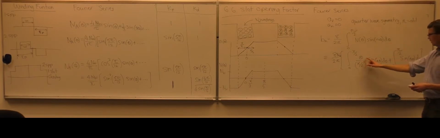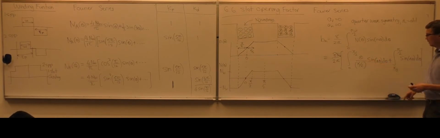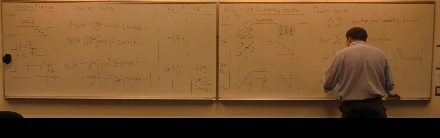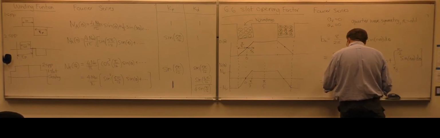Okay, so now we need to evaluate that. This is a little bit tricky. This one, it's with the theta in front. I'm just going to give out the answer here, and you can check it. It only takes a minute to check.